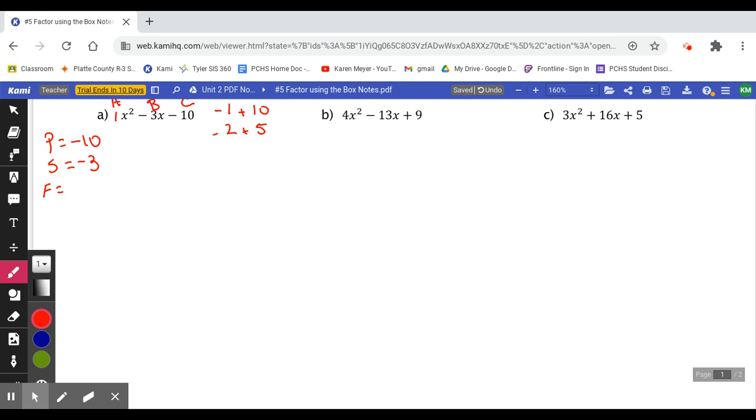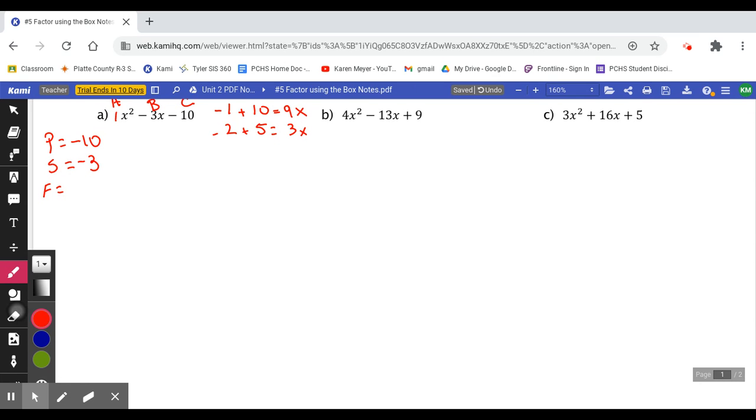So my first time through, I'm just going to guess that the negative goes with the first term. So now let's check and see, do any of these add for negative 3? Well, negative 1 plus 10 is 9, so that doesn't work, no. Negative 2 plus 5 is positive 3, so that doesn't work, no.